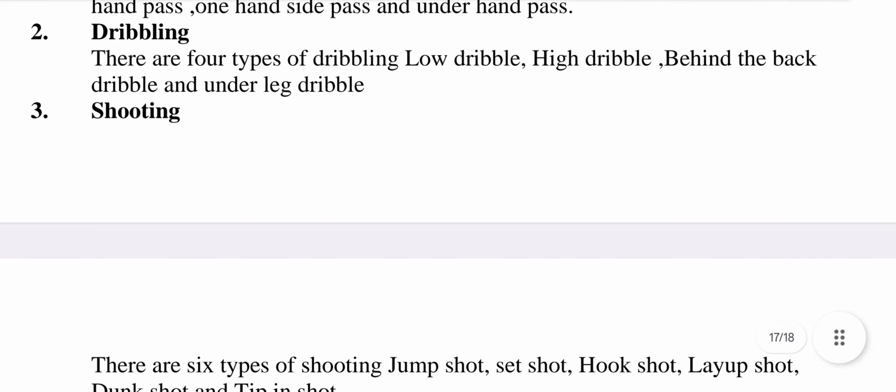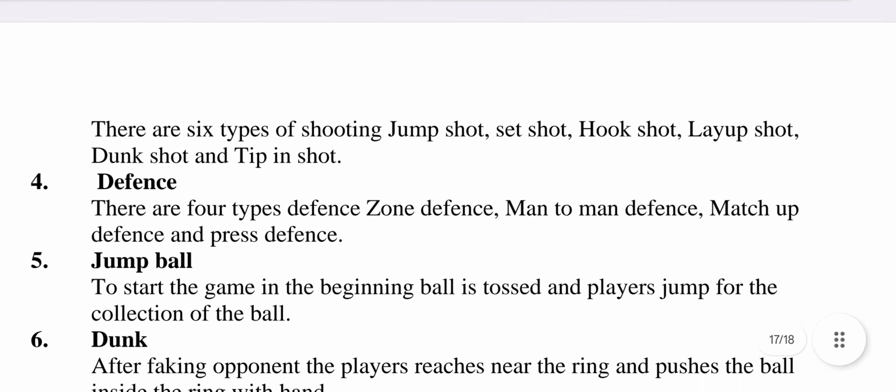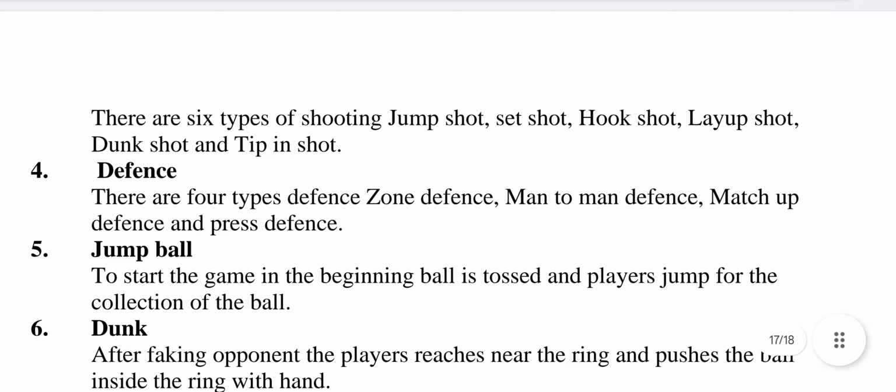Number 2, dribbling. There are 4 types of dribbling: low dribble, high dribble, behind the back dribble, and under leg dribble. Number 3, shooting. There are 6 types of shooting: jump shot, set shot, hook shot, layup shot, dunk shot, and tip in shot. Number 4, defense.